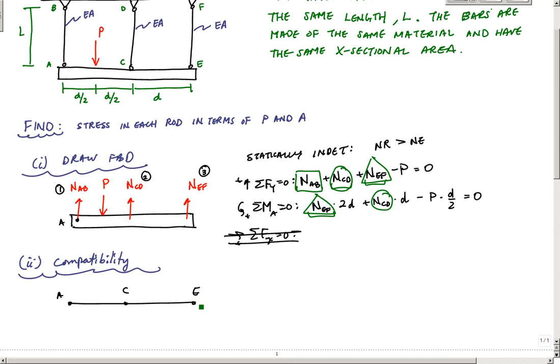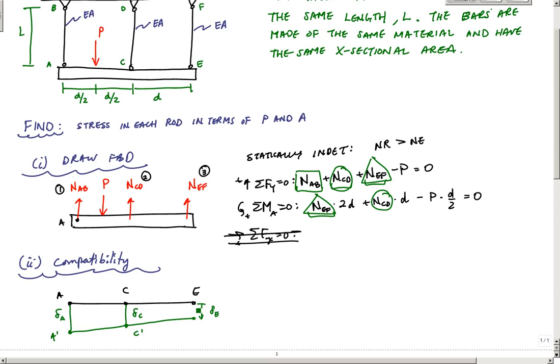This end right here is going to move down maybe a distance, and this can be delta E. And I'm going to have more deflection where my load is. So at point A, I'm going to have the most deflection. It's essentially going to be a trapezoid here. And here would be my new C, so this might be A prime, C prime. And this would be delta C, and this would be delta A.